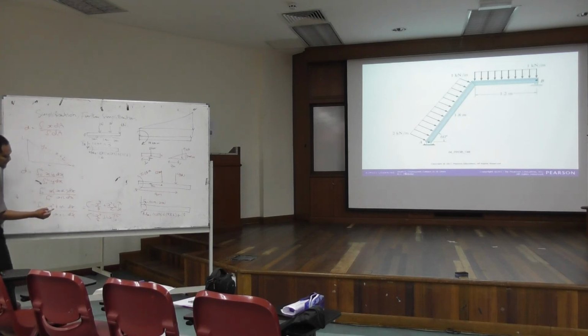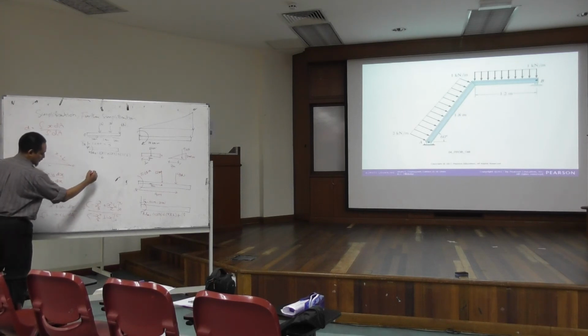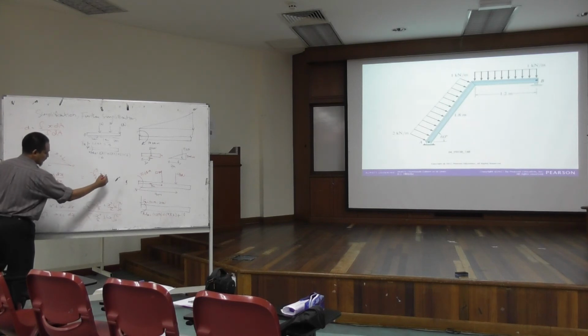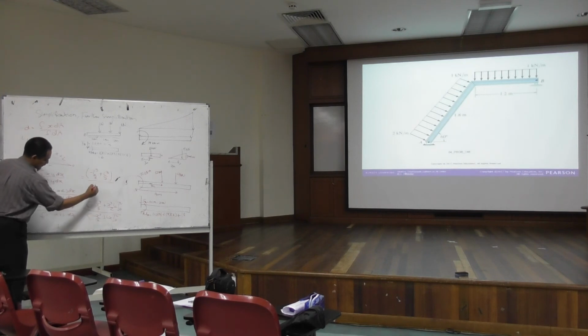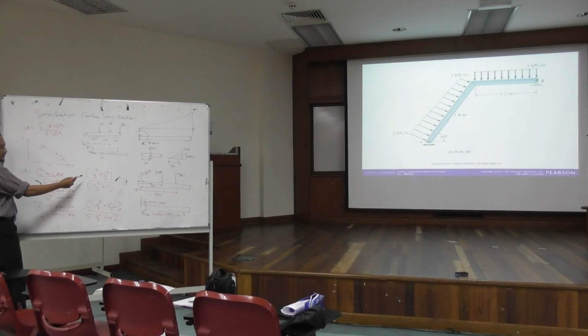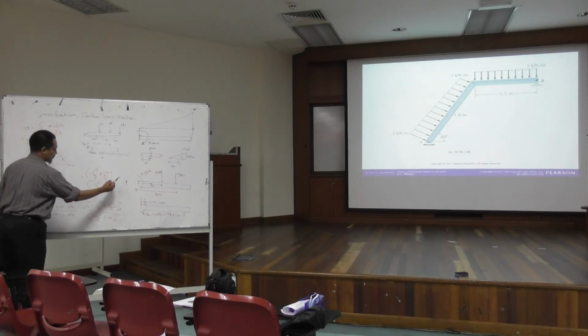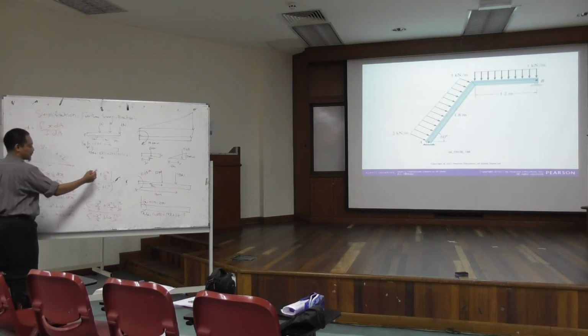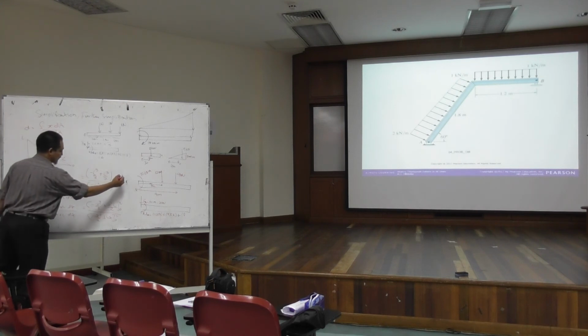So minus L cube over 3 plus L cube over 2, right? The bottom is minus L square over 2 plus L square, right? One over 2 minus 1 over 3, how much? Minus 2 over 6 plus 3 over 6 is 1 over 6, right?